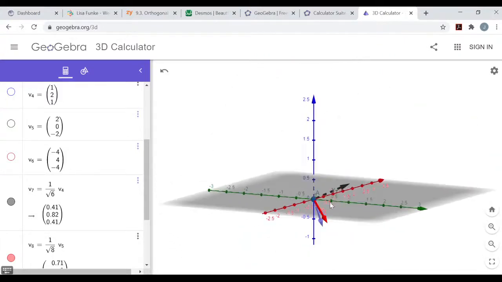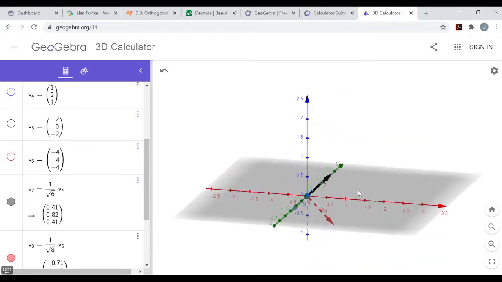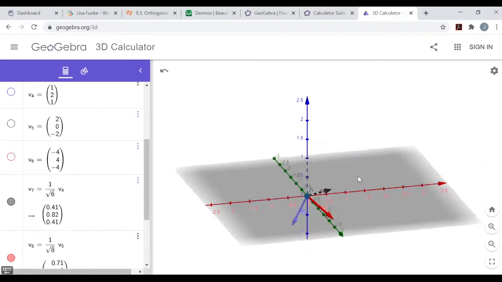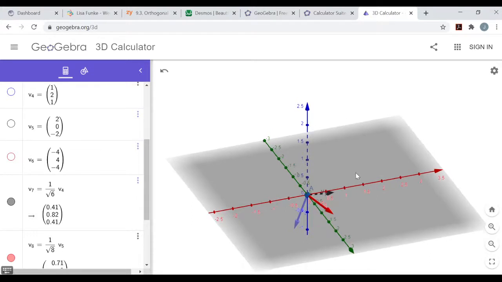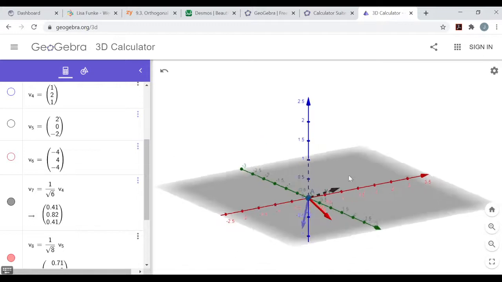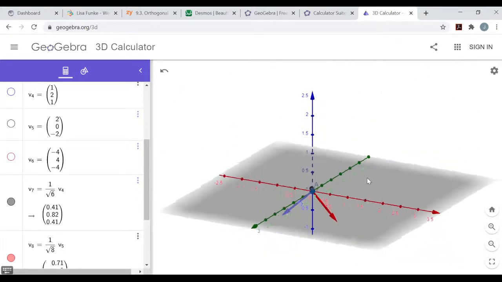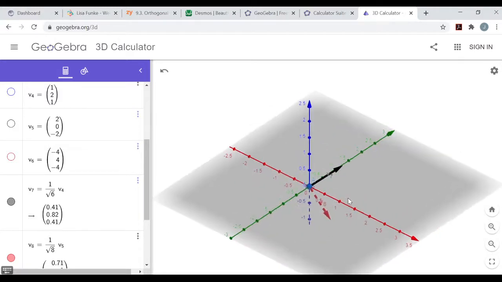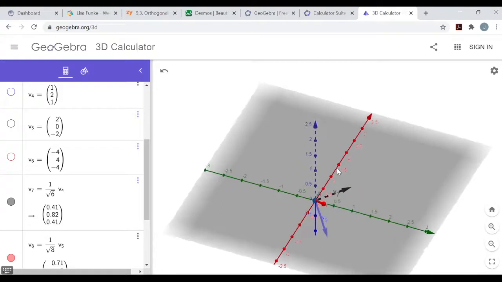So these three vectors are basically like the standard basis, just rotated a bit, moved somewhere else, rotated somewhere else. Because the vectors 1, 0, 0, 0, 1, 0, and 0, 0, 1 also form an orthonormal basis, but they're just pointing in different directions. But they form 90 degrees. See the 90-degree angle there, red and black, red and blue, 90-degree angle.